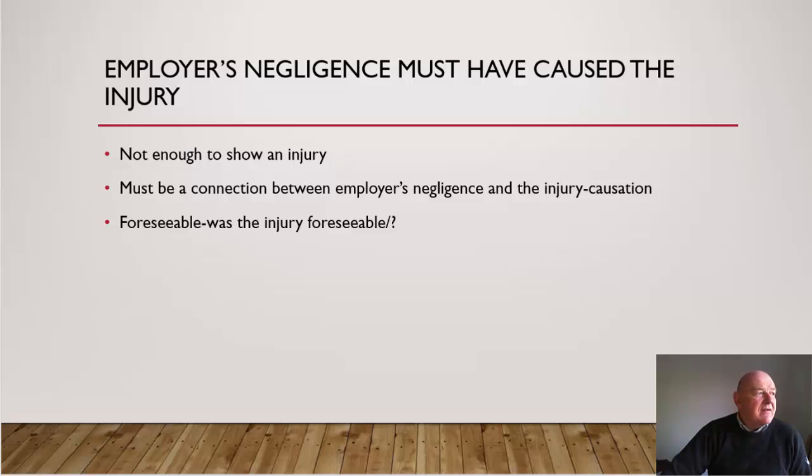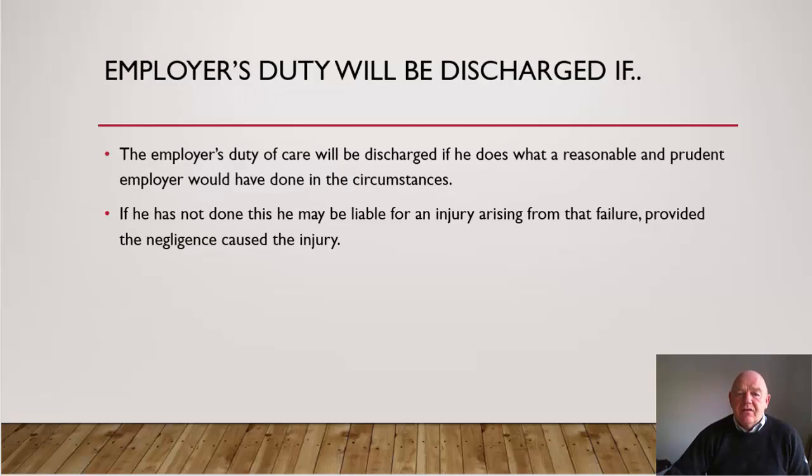In other words, if it was so outrageously unpredictable and unforeseen, it may be the case that the employer won't be held liable. But generally, even though you may be able to prove you've suffered an injury, you will have to prove that there is causation or connection between the employer's conduct and your injury. That's in order to prove negligence.